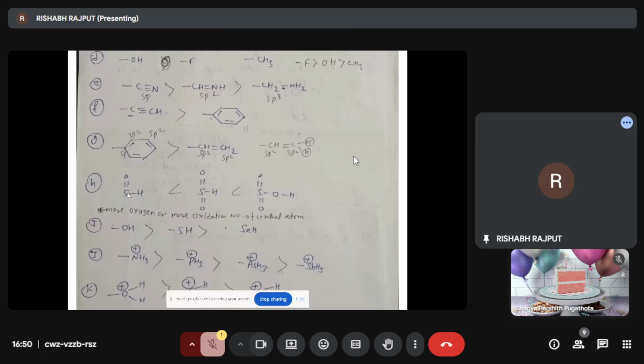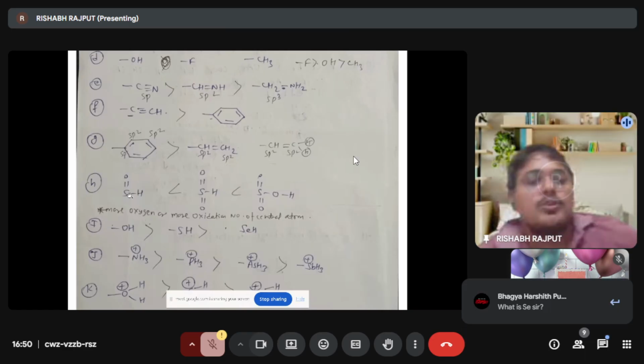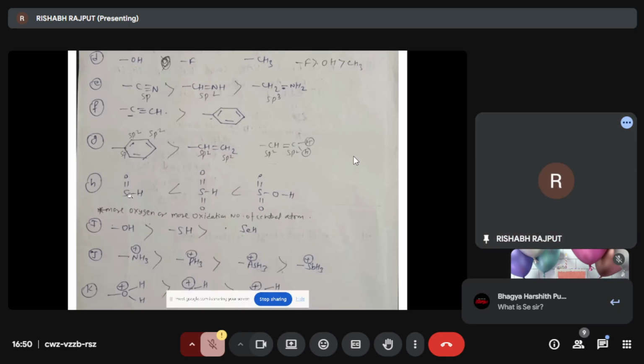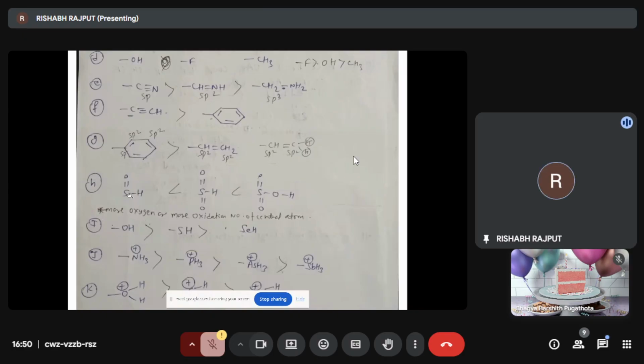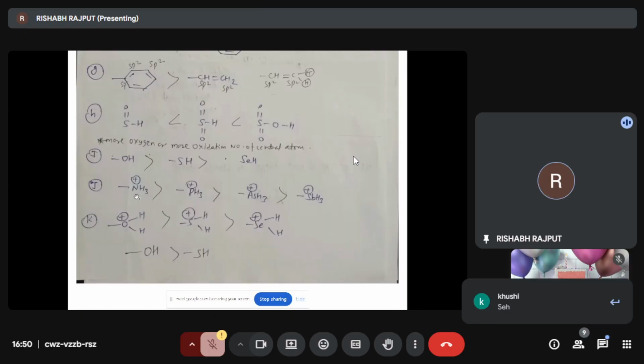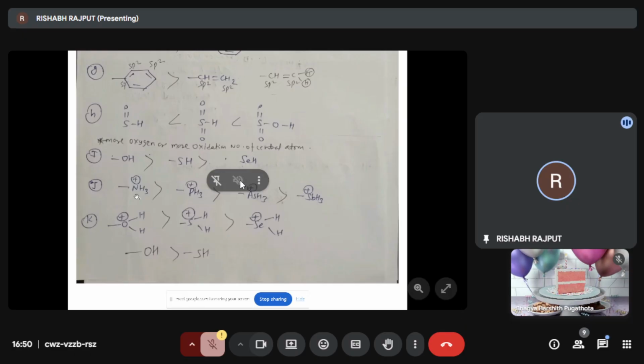Then this comes NH3+, PH3+, AsH3+, SbH3+. Here a plus sign will be there. Guys, can you see here, nitrogen first, then P, then As, then Sb. N, P, As, Sb are all in the same group. But if I go from top to bottom, my electronegativity value will decrease. So that is why NH3+ has more minus I effect compared to all.